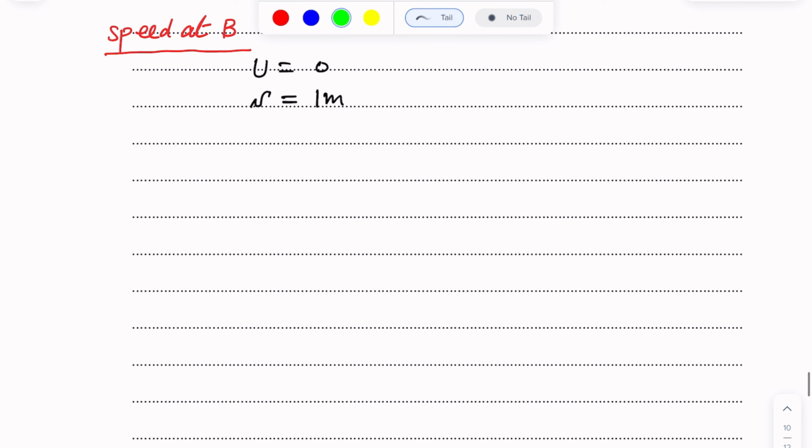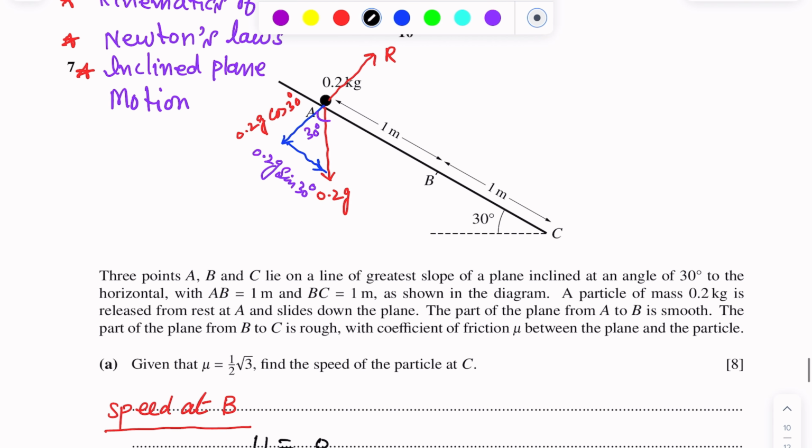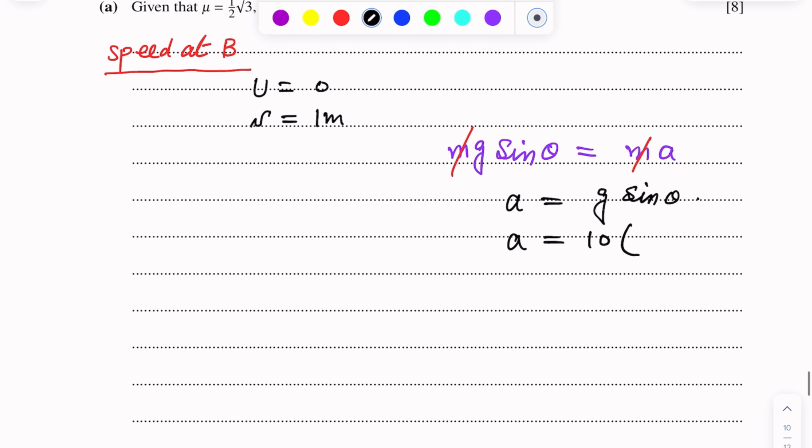So using Newton's second law of motion, mg sine theta is equal to ma. From here m is cancelled out. So acceleration is equal to g sine theta. From here a is equal to 10 sine theta. The value of sine theta is sine 30 degree, that is 1 over 2.